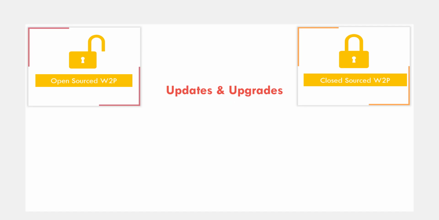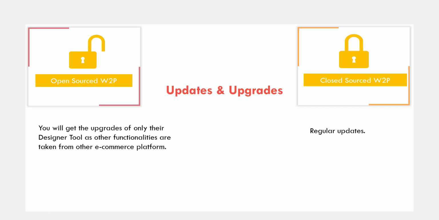Now the fourth and most important thing is updates and upgrades. Open source web-to-print solution providers will provide you updates and upgrades on the modules which they have developed, whereas for the modules inherited from e-commerce platforms such as Magento or WooCommerce, they won't be able to provide any kind of upgrades.